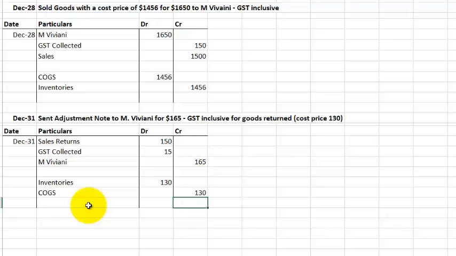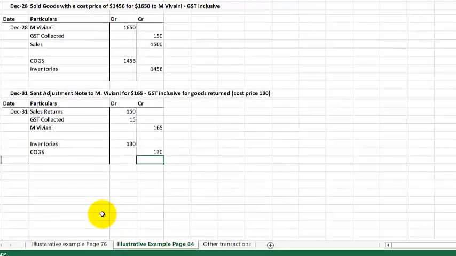So hopefully that's been a good illustration to you on how to record the general journal entries for a trading enterprise. Remember that we had the complicating factor of returns, both on the sales and purchases side, as well as having to account for the cost of goods sold and the reduction in inventories.